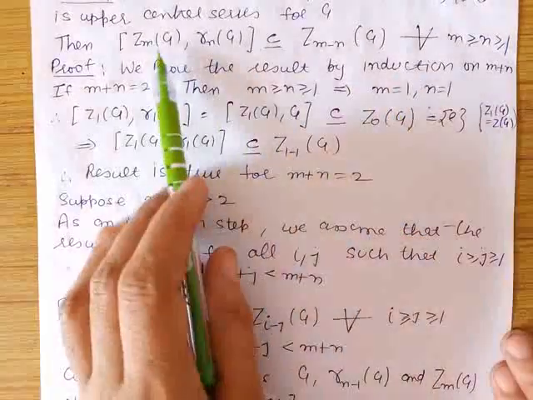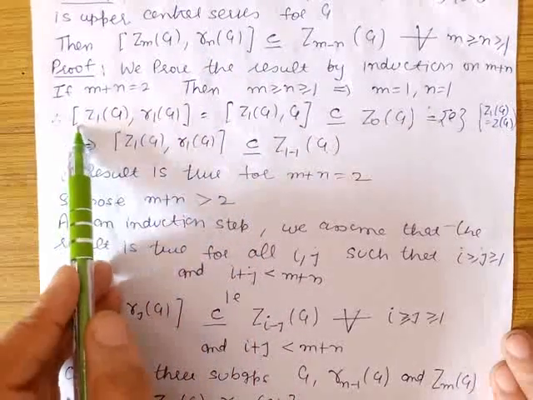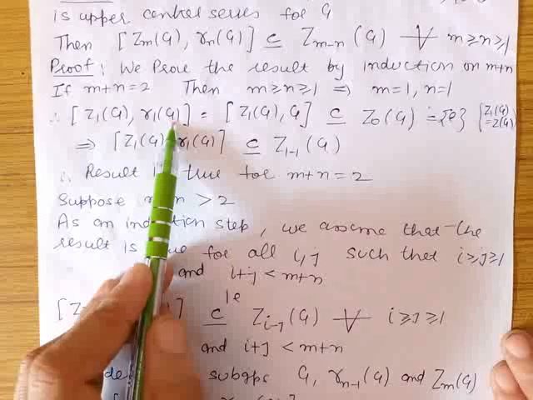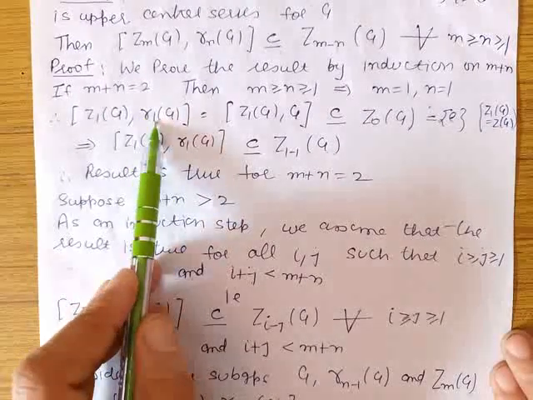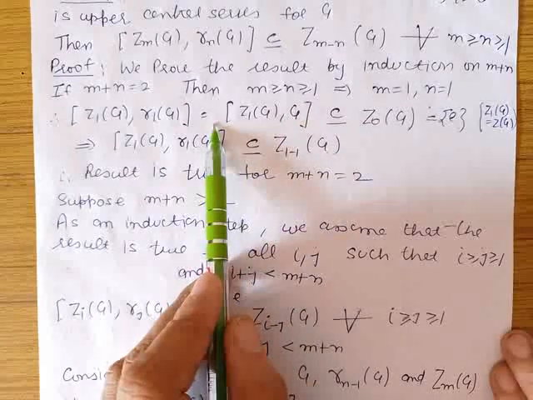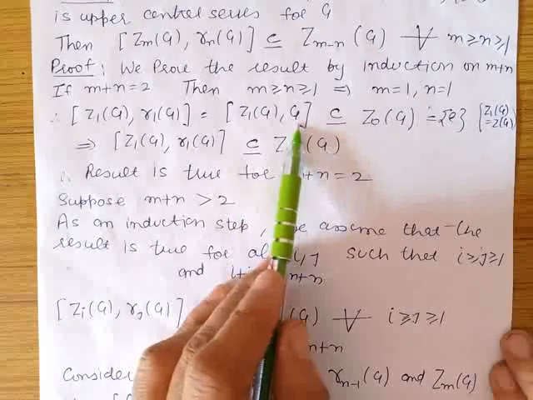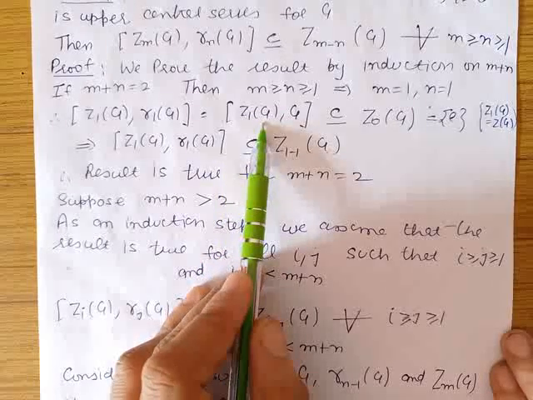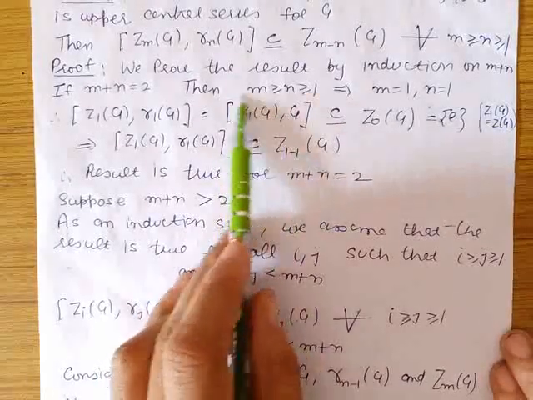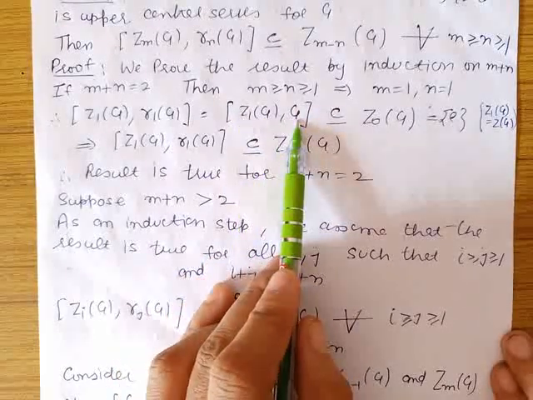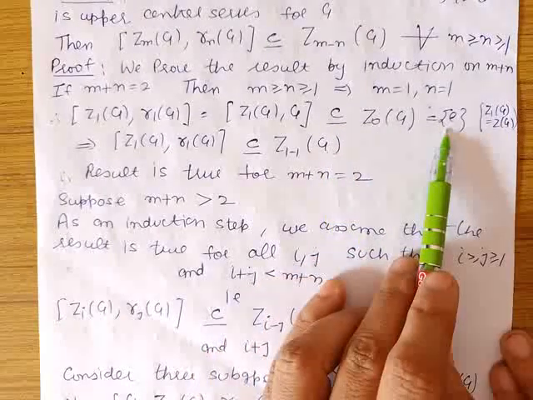Now left hand side becomes the commutator of Z1G with gamma 1G. Now by definition, gamma 1 is the group G, so we get commutator of Z1G with G. Now Z1G means center of group G, so this becomes commutator of center of G with group G, and that is contained in identity.